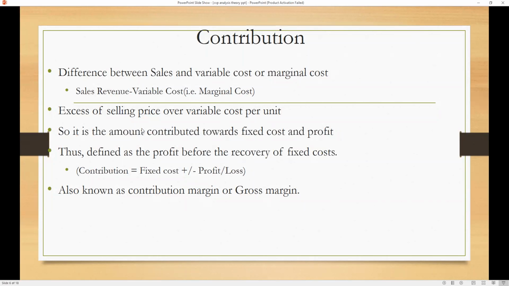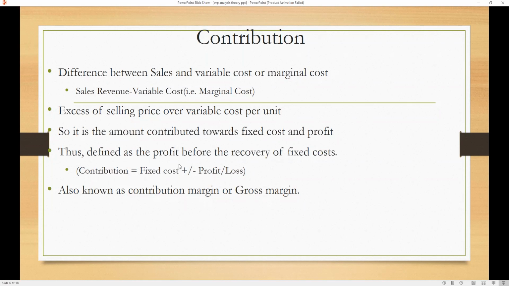In other words, you can define contribution as excess of selling price over variable cost per unit. Excess of selling price per unit over the variable cost per unit is called contribution. So it means that it is the amount contributed towards fixed cost and the profit. Fixed cost plus profit is equal to contribution.